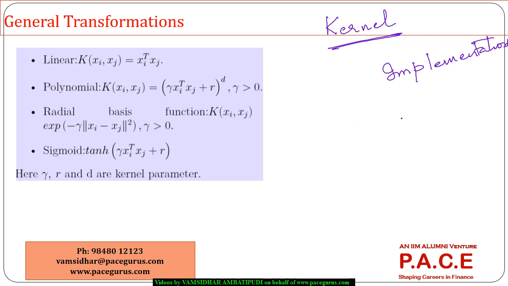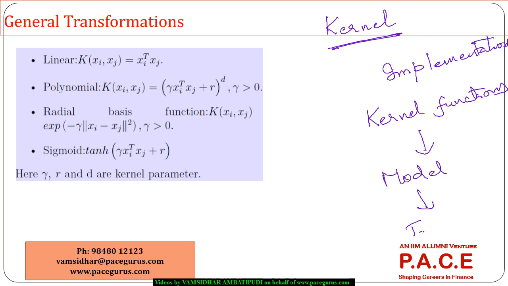Probably from our perspective, we should use as many different kernel functions as possible, and with each of these kernel functions, try to build a model. Once the models are built, evaluate them on the test data, and whichever kernel function has given us the most appropriate result on the test data, we would use that for prediction purposes.